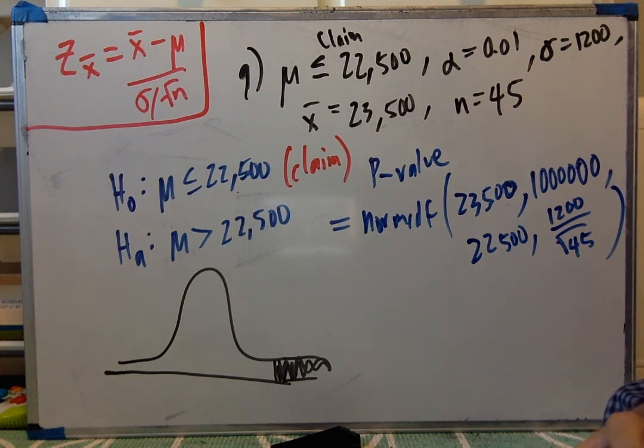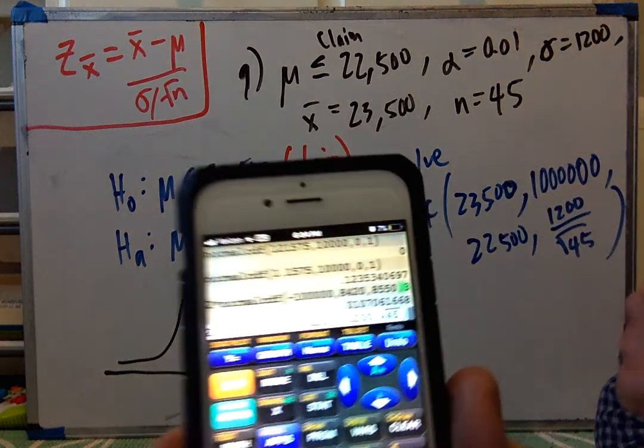All right, let me punch that in and see what we get. Norm CDF, 23500, 1,000,000, or whatever, actually 100,000 should have been enough, 22,500, 1,200 divided by square root of 45. So it looks something like this.